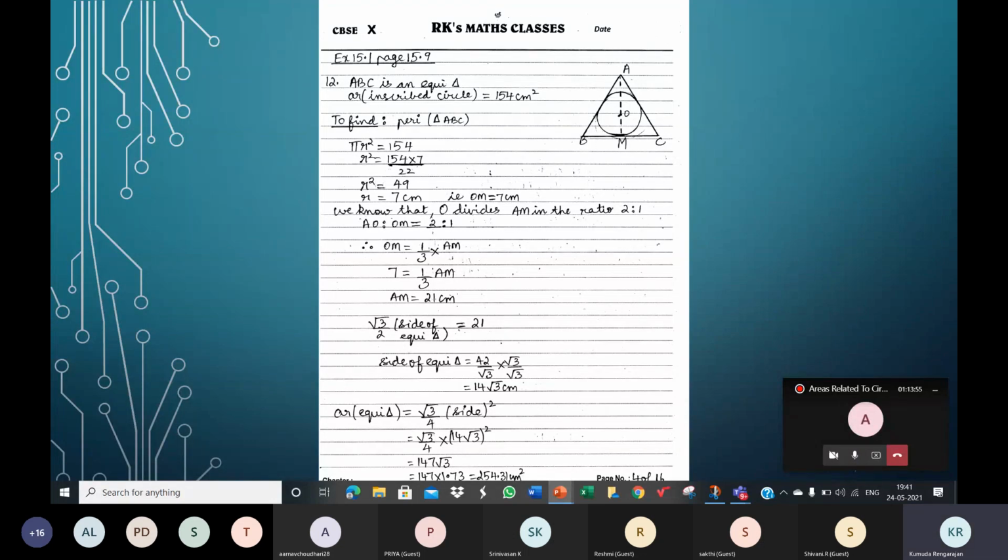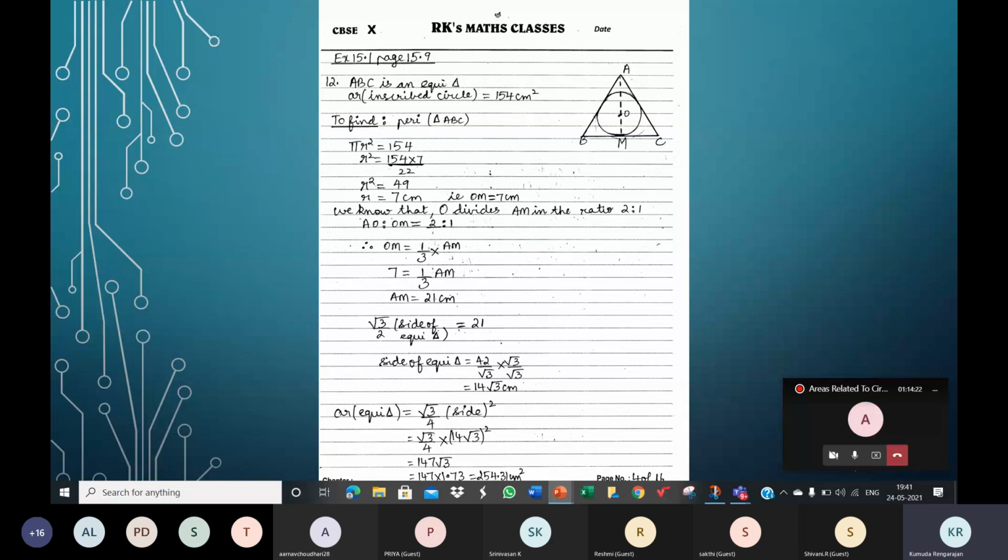Yeah, children. So I was telling you that, what was I telling you? Centroid. Yeah. The point of concurrence of the three medians in a triangle is called the centroid. The point of concurrence of the three medians of a triangle is called the centroid.